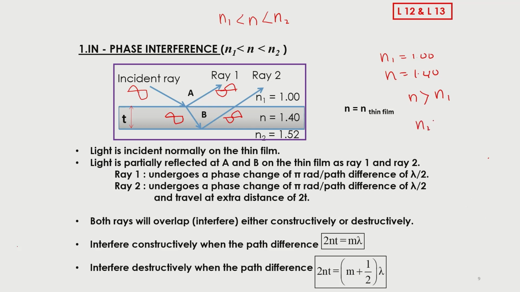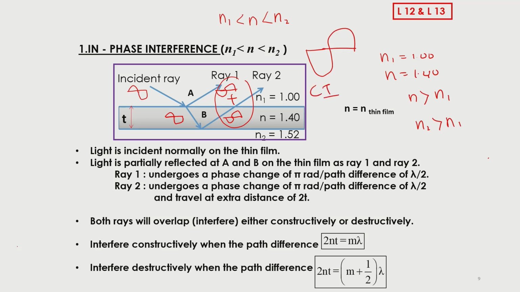So the refractive index of medium 2 is higher than that of the thin film. So of course you want to become rich, so you need to change. That's the analogy. So both of these rays will overlap either constructively or destructively. In this case, both of these rays will overlap constructively.